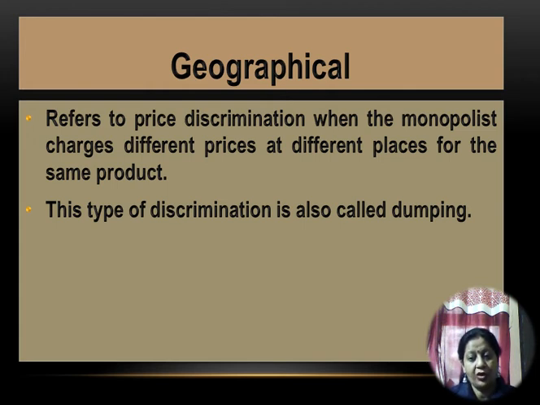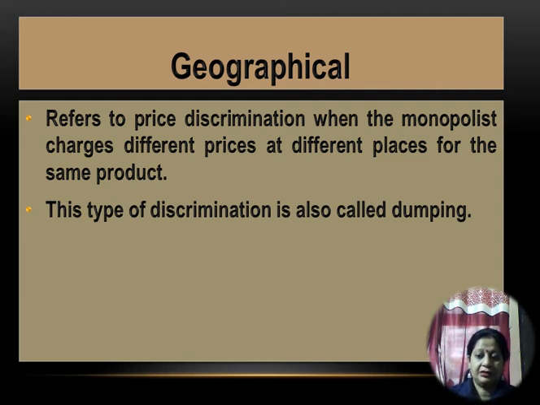That means on the basis of area, when the seller is charging different prices for the same commodity to different customers, that is known as geographical price discrimination. The example you can discuss under this can be of bread.